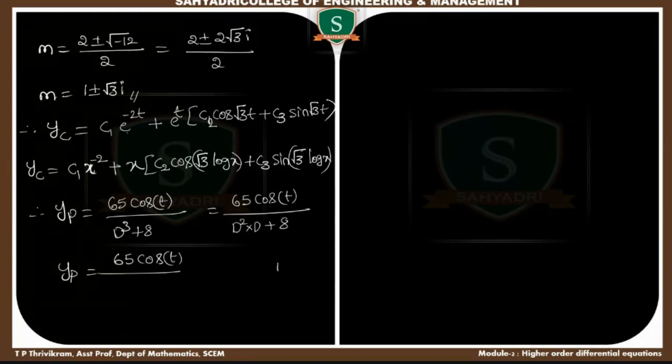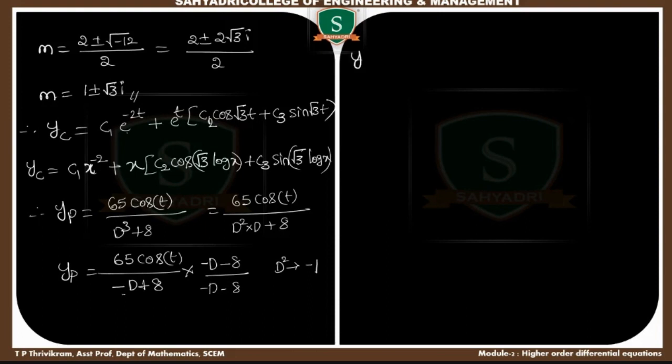So here d square can be replaced with minus 1, correct, because the coefficient of t is 1. So minus 1 square is minus 1. Okay, so we'll get minus d plus 8. Now again the denominator is in terms of d. Convert into d square by multiplying by its conjugate. So minus d minus 8 divided by minus d minus 8.